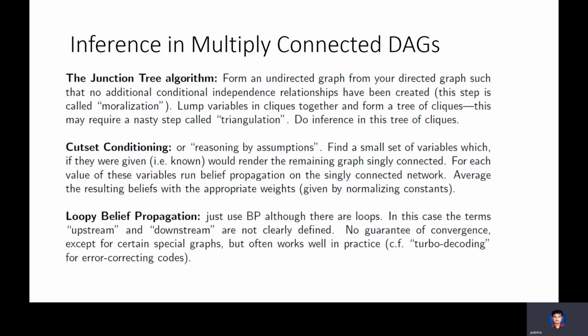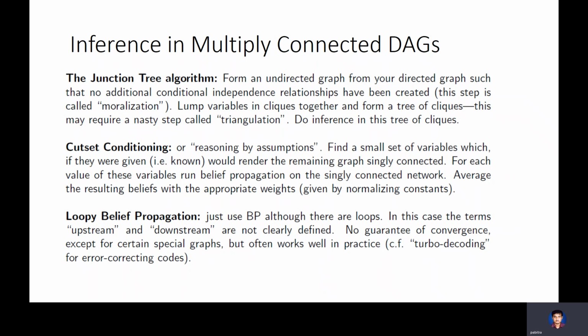The third approach is something called loopy belief propagation. In normal belief propagation, there are no loops. There is an upstream set and a downstream set, and you can easily cut out the upstream and downstream if you remove X, the intermediate node. But in this case, they are not defined, as it is a multiply connected DAG.